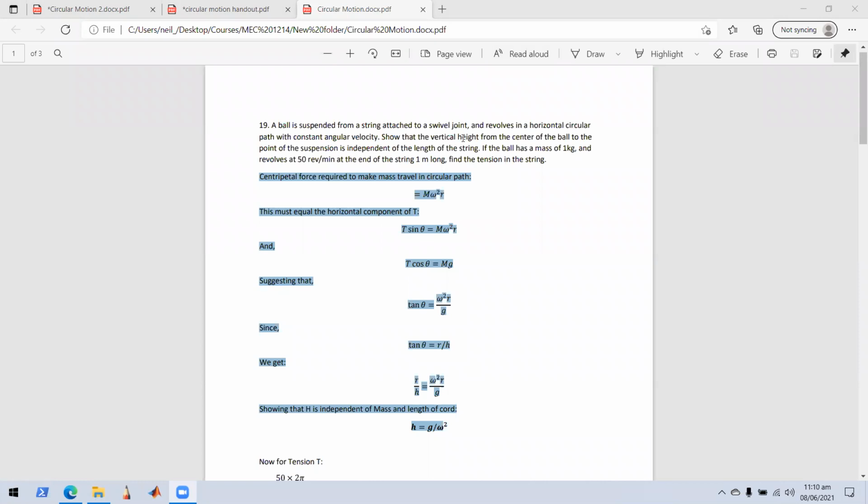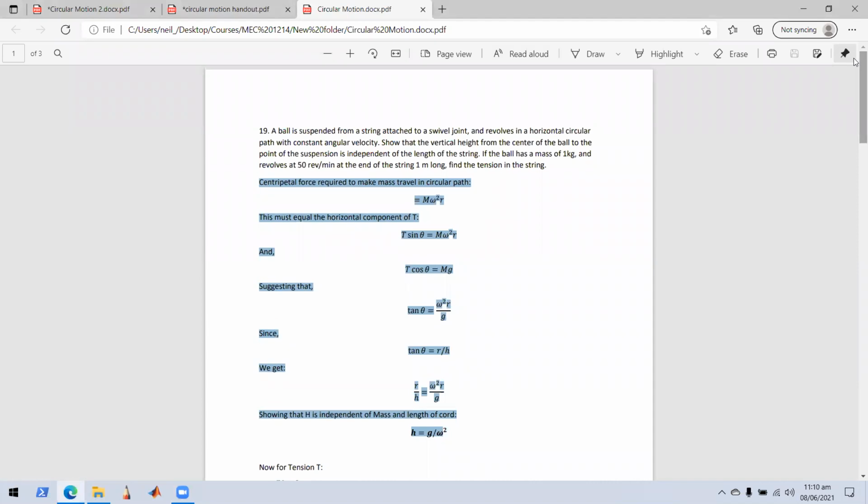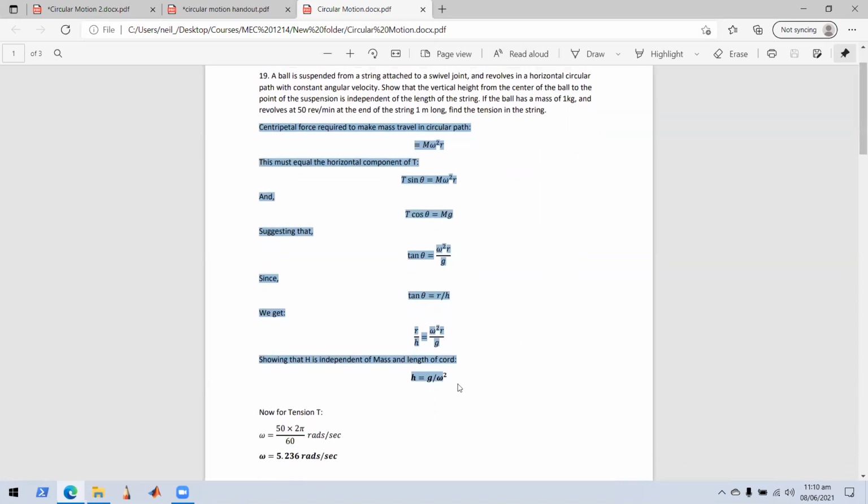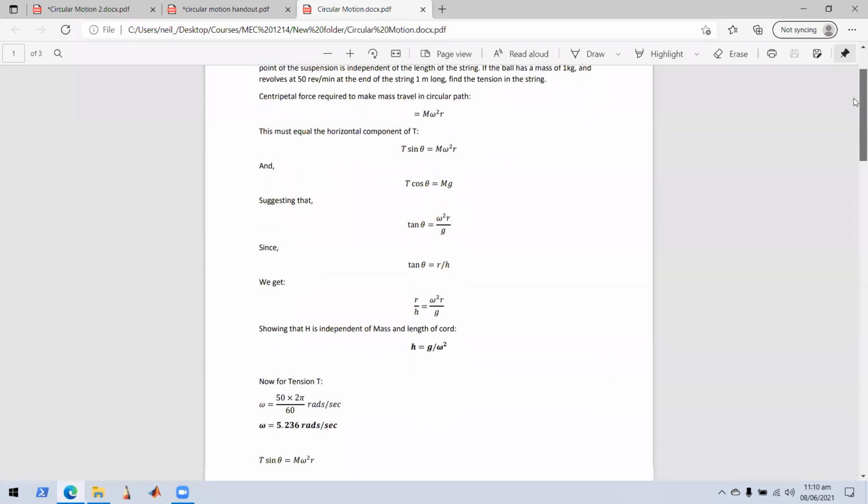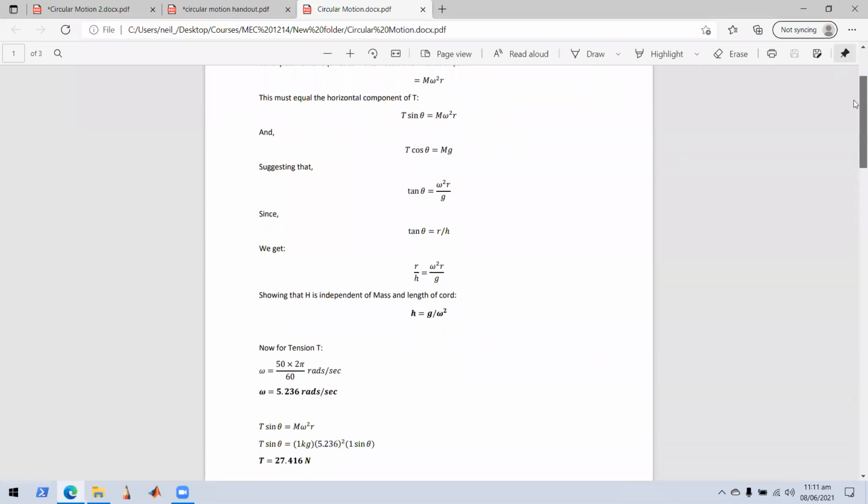It just depends on what the question asks. You'll only know when you see the test. This was last week's work, the same topic, motion in a circular path. So that's what the test is going to be on.